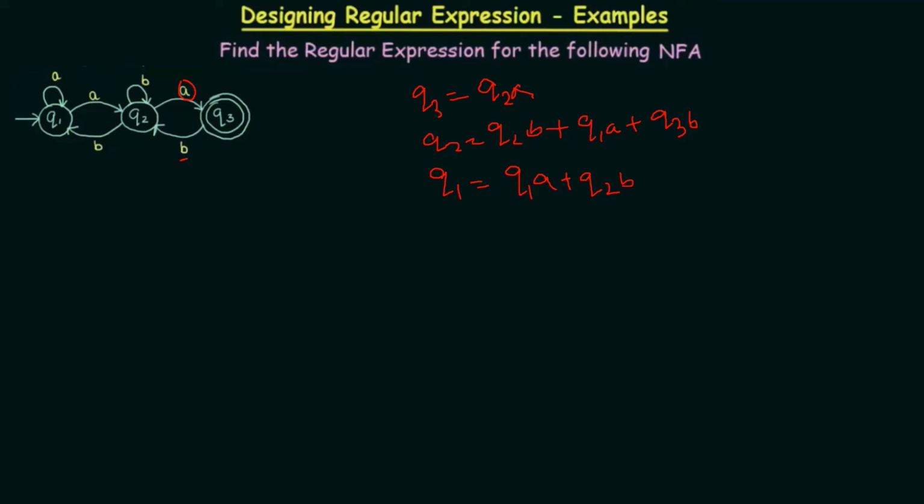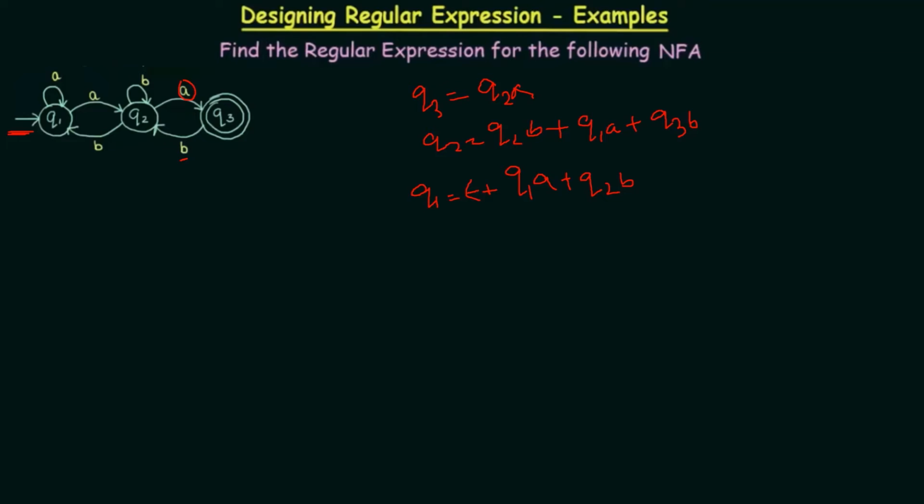Now there is also one incoming from the beginning. If there is nothing applied on that, that is basically an epsilon, the null for this one.